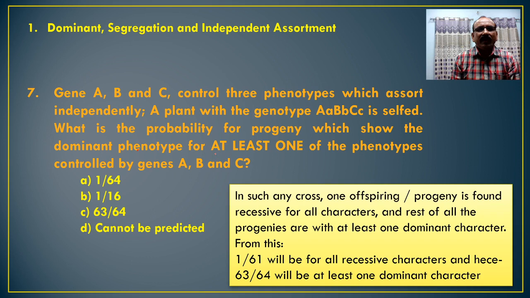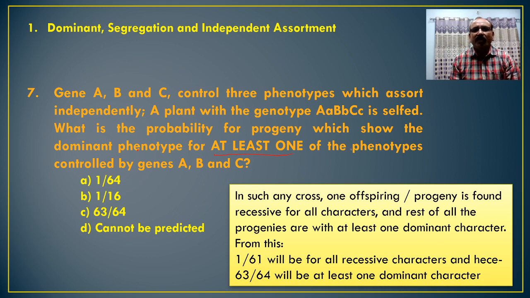So, in such a cross, one offspring or progeny is found recessive for all characters, and the rest of the progenies have at least one dominant character. We have seen that in many crosses, the last progeny is usually recessive for all the characters, so we can consider that recessive will be 1 by 64.